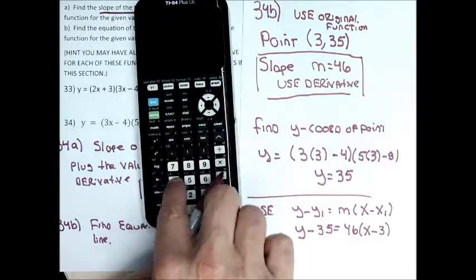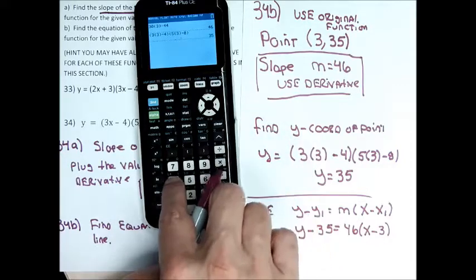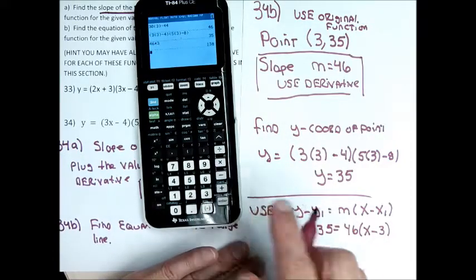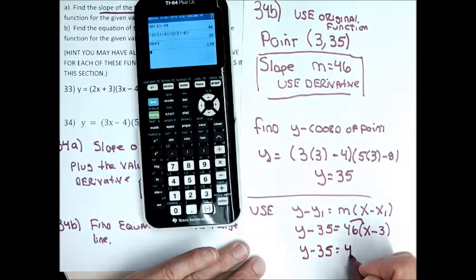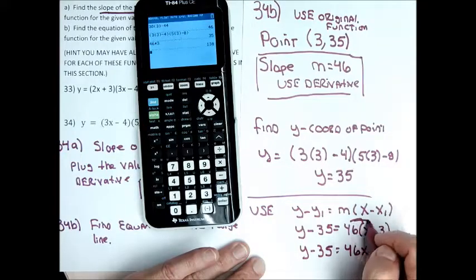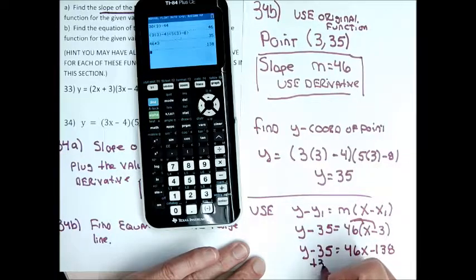I'm going to clear the parentheses on the left-hand side. 46 times x is 46x. And 46 times minus 3 is minus 138. And then I'm going to add 35 to both sides.